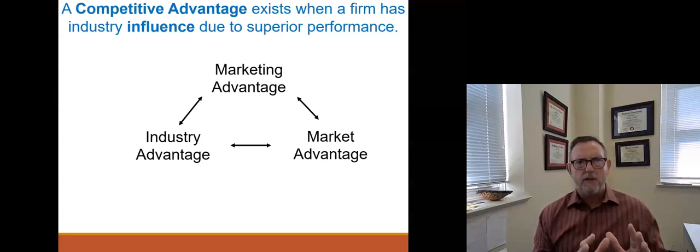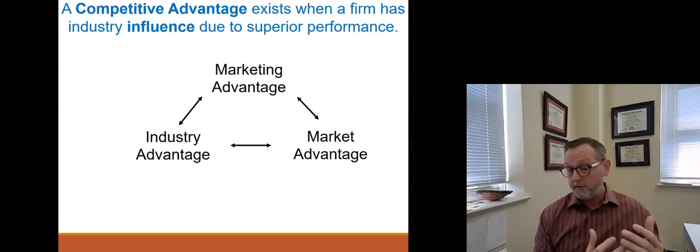Just to begin with, competitive advantage exists when a firm has industry influence due to some type of superior performance. Again, this could be a financial performance where internally they've structured their costs so that they can be more efficient, or it could be a market-based advantage because they simply offer a better or more unique product, or an execution of strategy superiority, because they simply do things better.